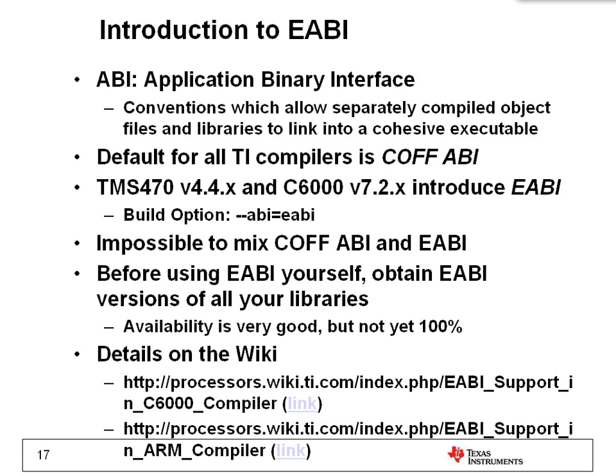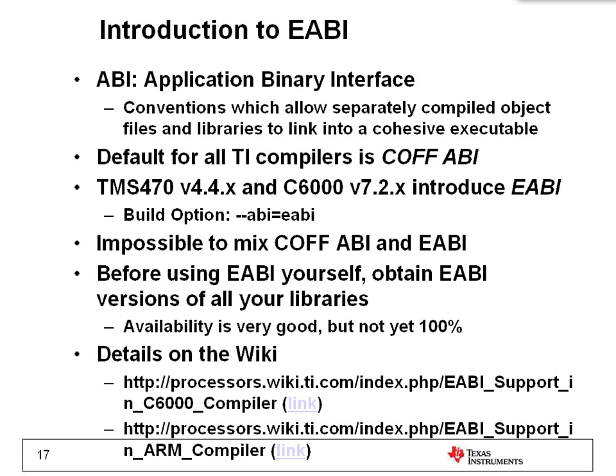Okay. Up to 2009 or so, all TI compilers supported a single ABI called the COF ABI, and we call it COF ABI because the object file format that was part of it was termed COF. Starting with the 470 compiler version 4.4 and C6000 version 7.2, we introduced EABI.